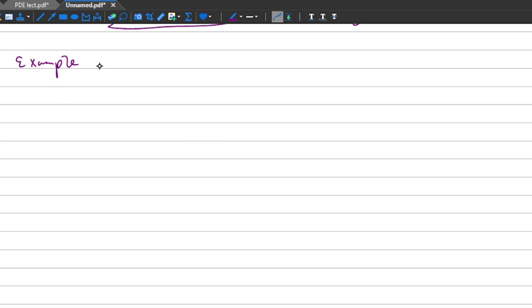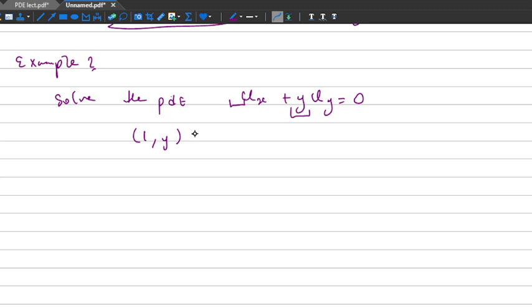Okay, example 2: solve the PDE ux plus y uy equal to 0. Remember this has the coordinate of x as 1, and the coordinate of y is y. So you can write this as (1, y) times nabla u equals 0.